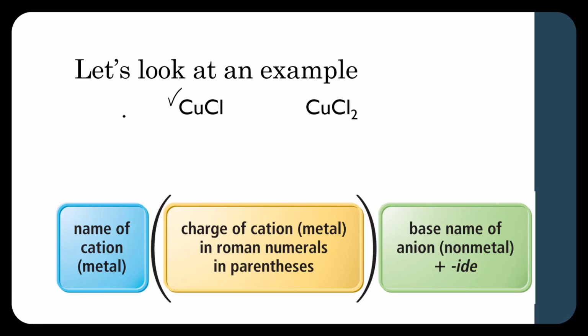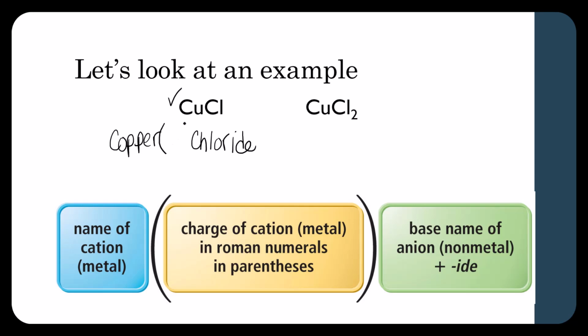The first thing that we're going to write down is the name of the metal, so we're going to write copper. I'm going to leave a space for the Roman numeral. Then we're going to write the base name of the nonmetal plus IDE. So that's chlorine. Base name is chlor. Add IDE.